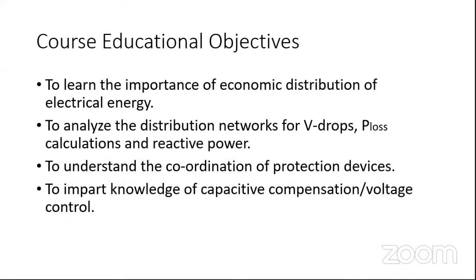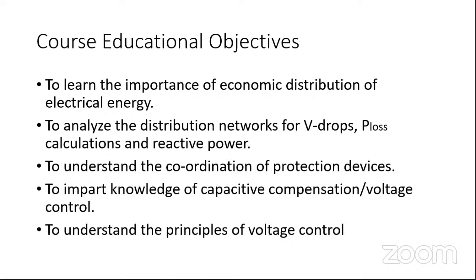So the best alternative to ensure the power factor to be unity is using capacitive banks. That is called capacitive compensation. And this will also address the control of voltage problems. Then what is voltage control, what are the principles of voltage control will also be studied in this course.